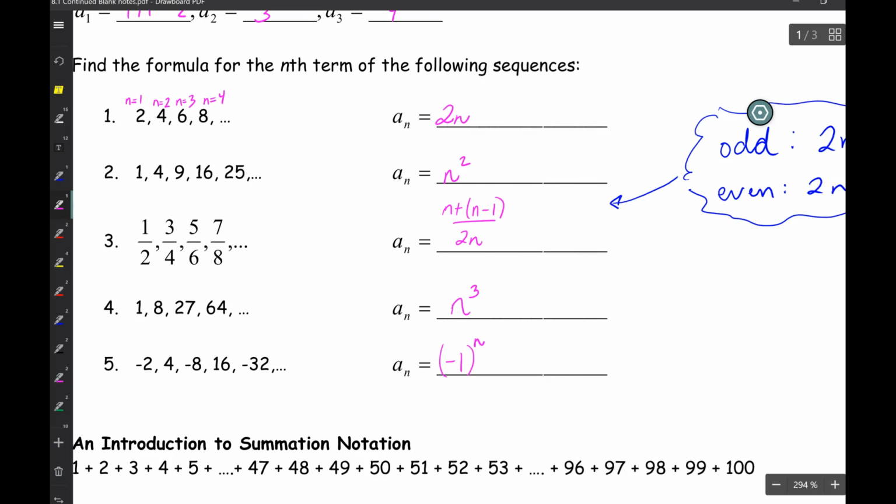Notice this right here generates every other term as negative. Why do we want to think about -1 raised to a power? Well, when -1 is raised to an odd power, it stays negative, versus when -1 is raised to an even power, it becomes positive. So that's why Charlie had -1 to the nth, and then he noticed that each term could be looked at as 2 to the first power, 2 squared, 2 cubed.